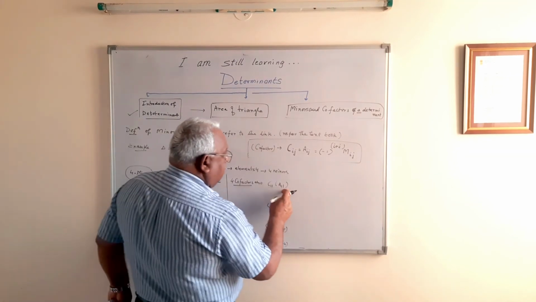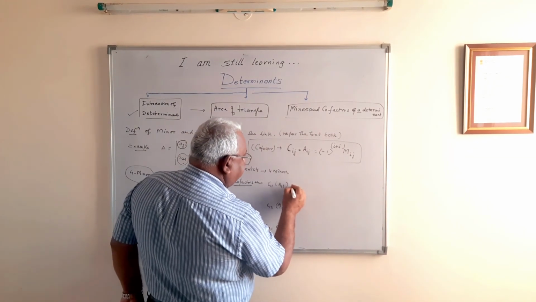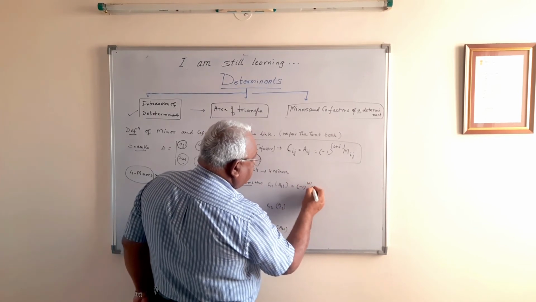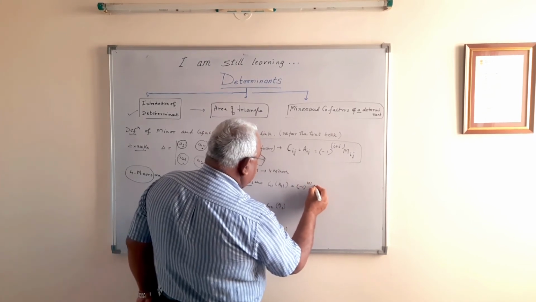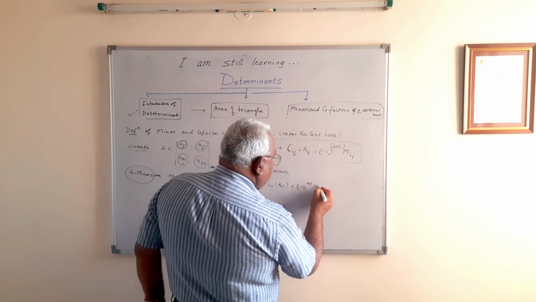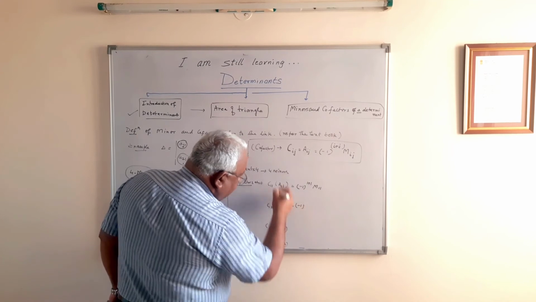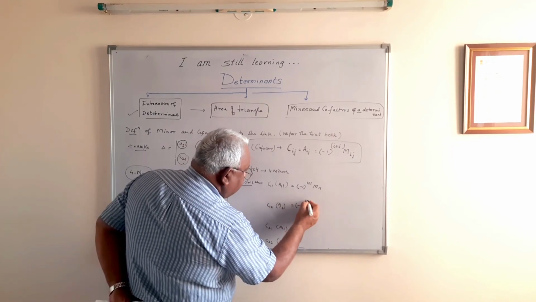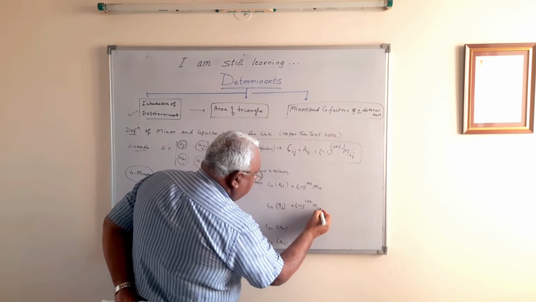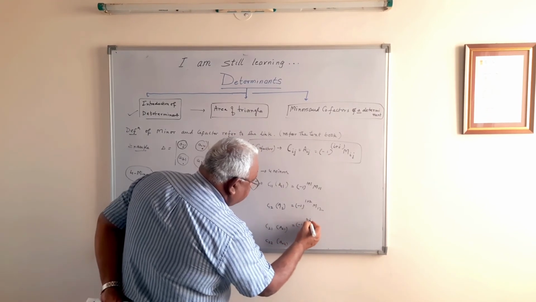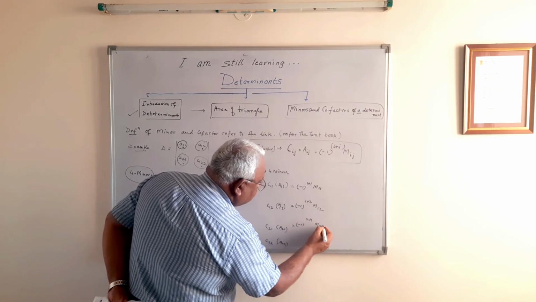So A11 is (-1) to the power 1 plus 1 times M11. This is (-1) to the power 1 plus 2 times M12. This is (-1) to the power 2 plus 1 times M21.